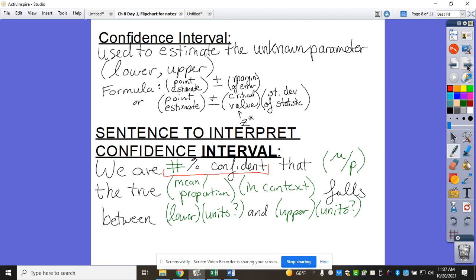It's that applying the idea of confidence level, if I made a bunch of them, the ones that I made would fall in that many times. Did you say critical value?